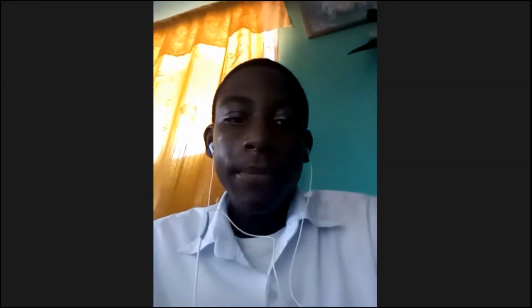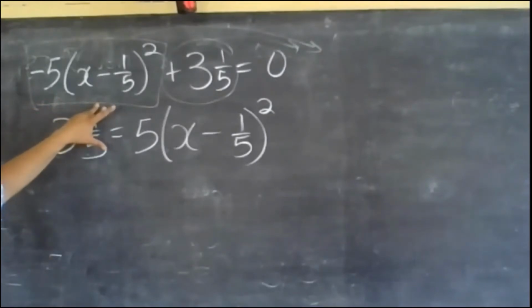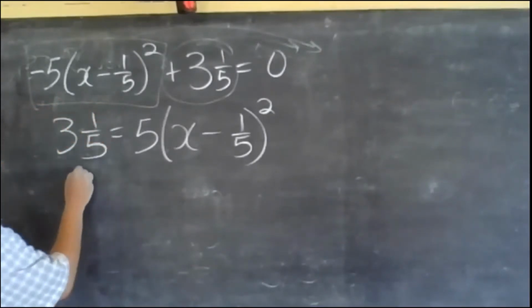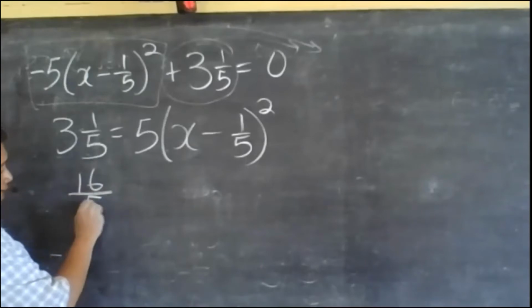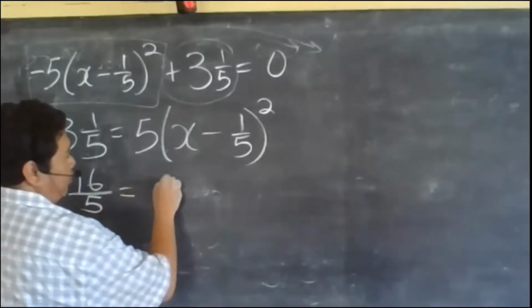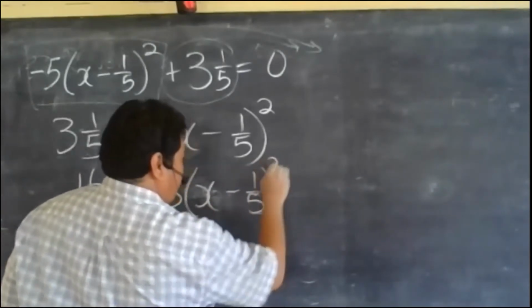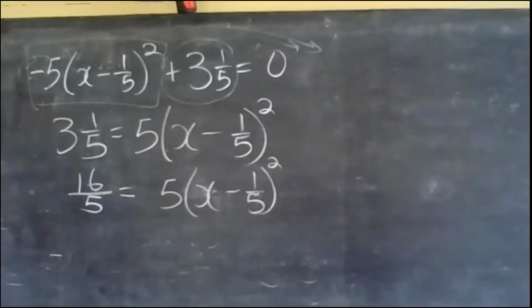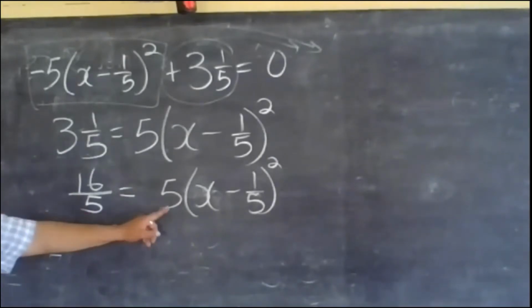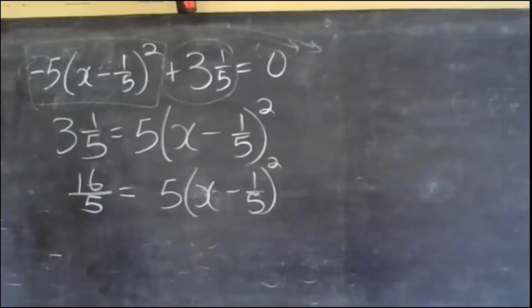All right? Now, this 3 1/5 is the same thing as 16 over 5, which is equal to 5(x - 1/5)². I need to get rid of this 5. How am I going to get rid of this 5?